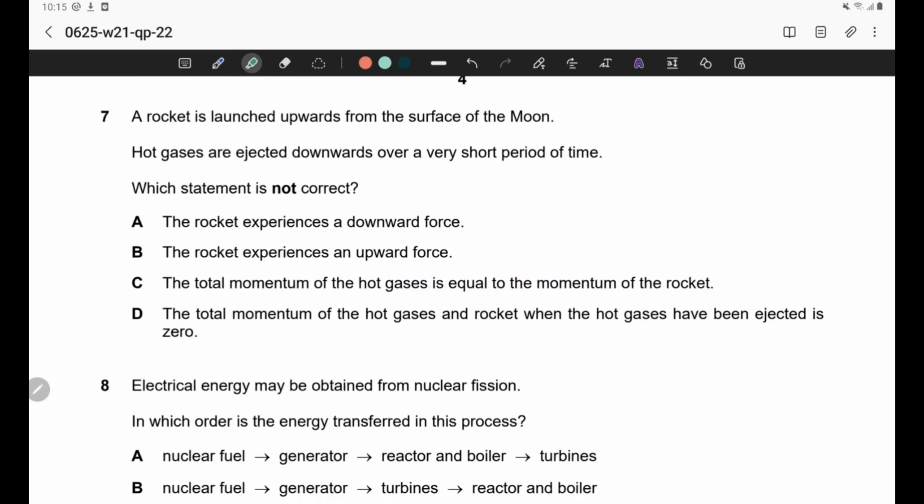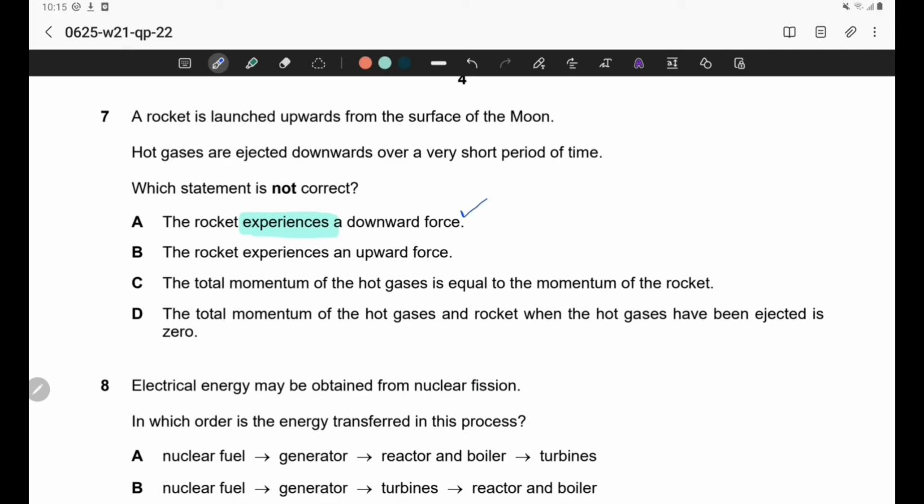Question 7. A rocket is launched upward from the surface of the moon. Hot gases are ejected downwards over a very short period of time. Which statement is not correct? Option A. The rocket experiences a downward force, and that is correct. Due to the weight of the rocket, definitely there will be a downward force acting. So the statement given in option A is correct.